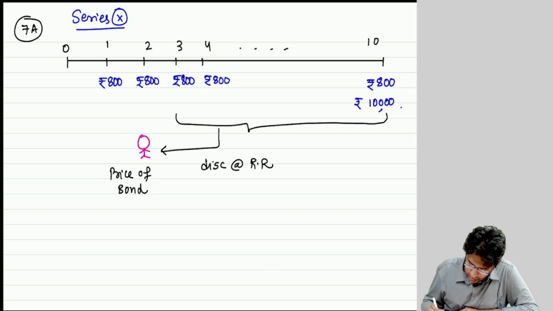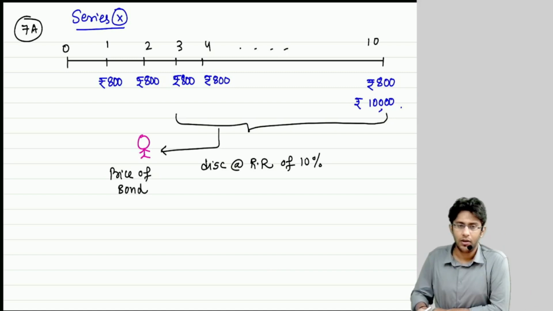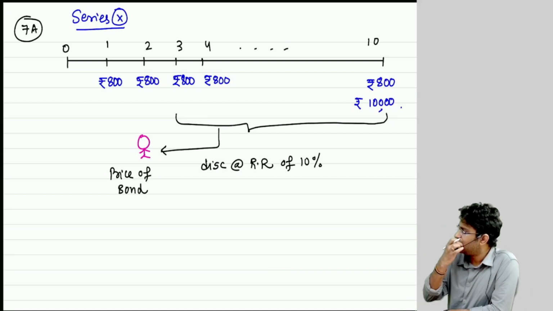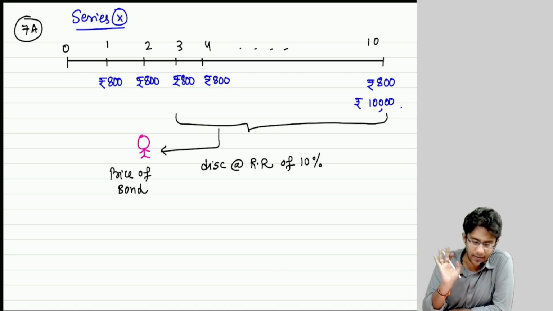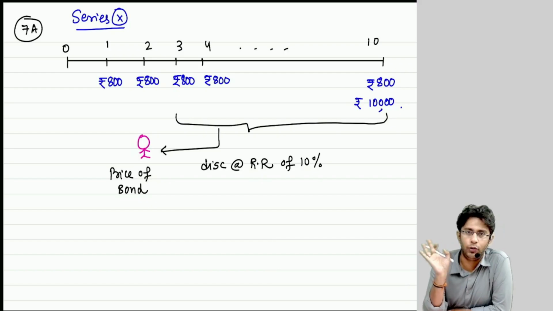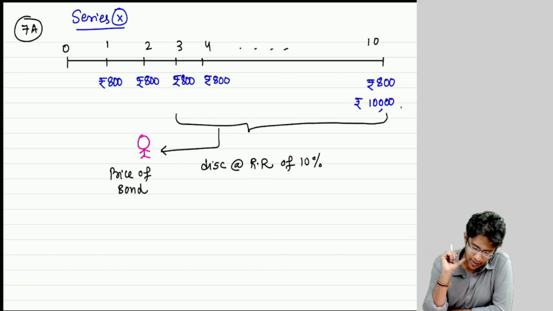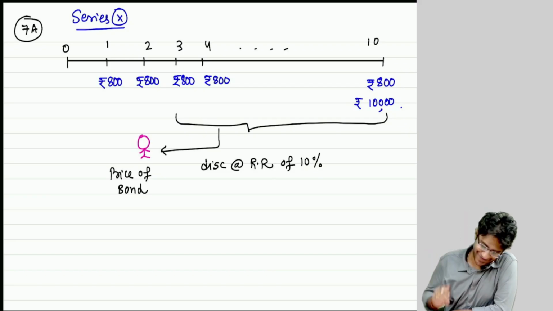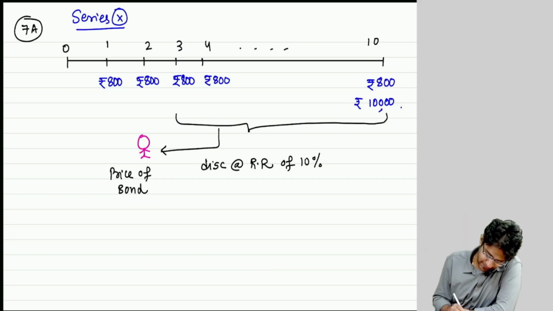Discounted at the required return of today. How much required return? 10%. Now my question in this is only one thing: how will you take the annuity factor? That's all the question is. Okay, look at this.